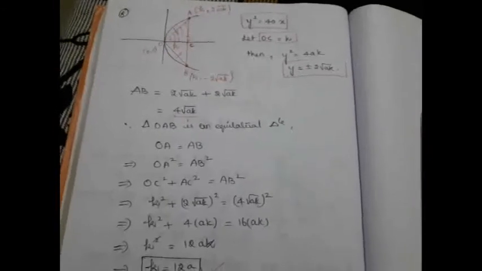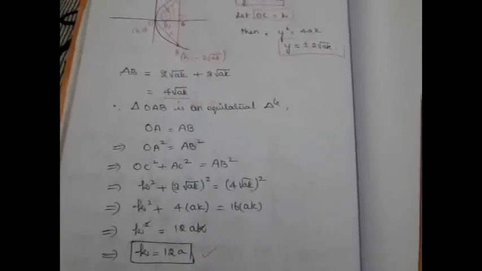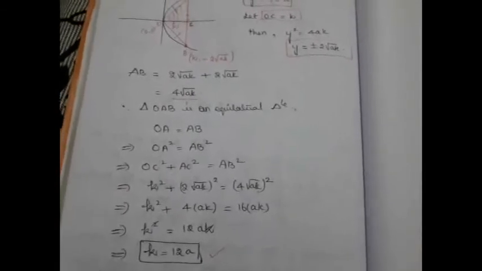Right? These are all simple problems, and these are all application oriented problems. In the previous exercises, we have seen the direct questions. They have given you what the foci are, what the vertex is, what the length of the latus rectum is, and asked you to find the equation. Or they have given you the equation and asked you to find the coordinates of foci, vertex and all those things.